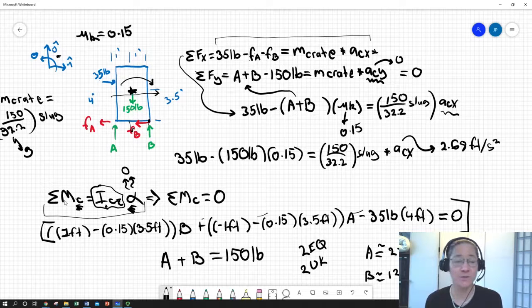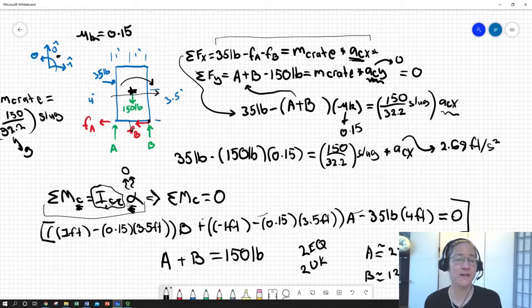Although it is possible to sum the moments about another point, if you are separating your translational motion of the center of mass from some force sum, it is safest to use the sum of moments about the center of mass in general.